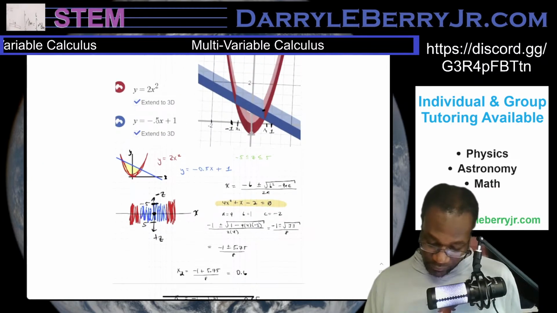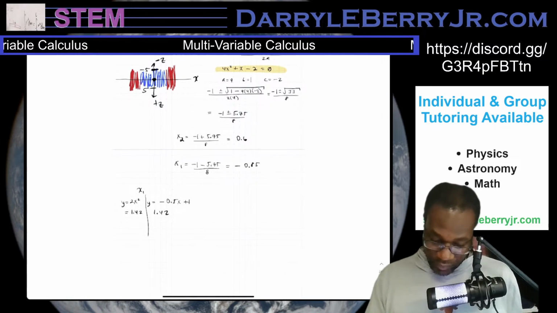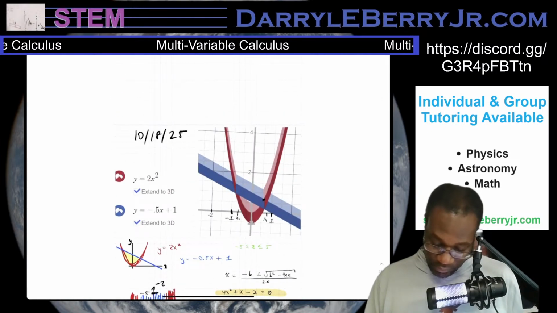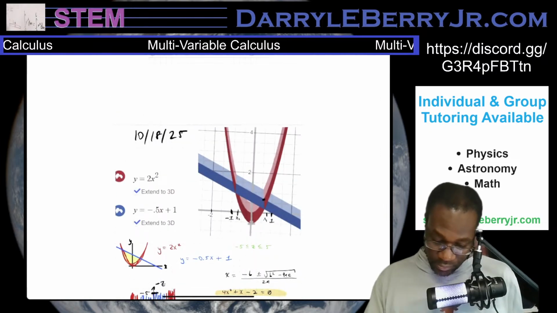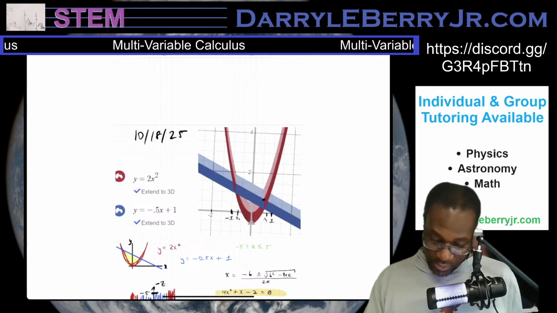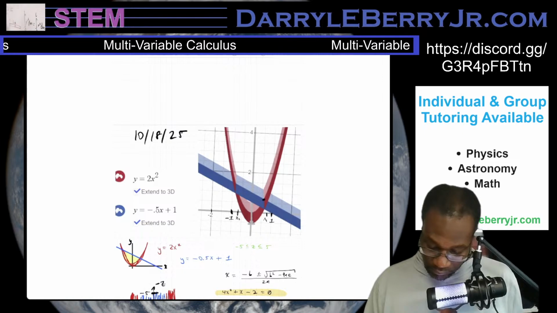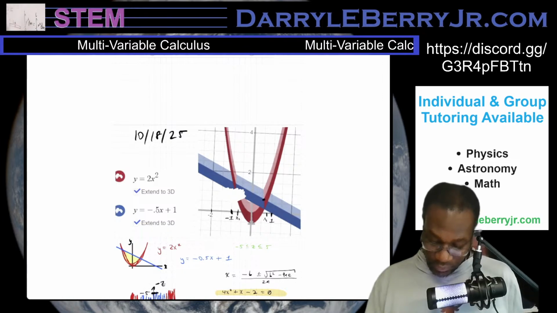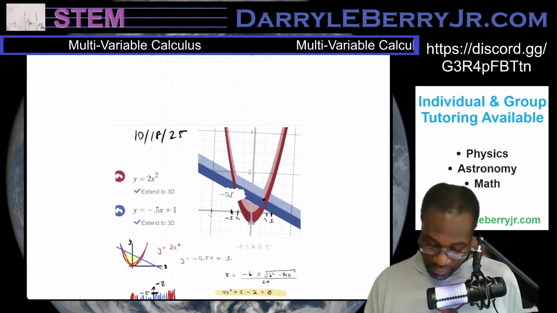So this means that for the left side, x1 equals -0.85. So this point here is -0.85.